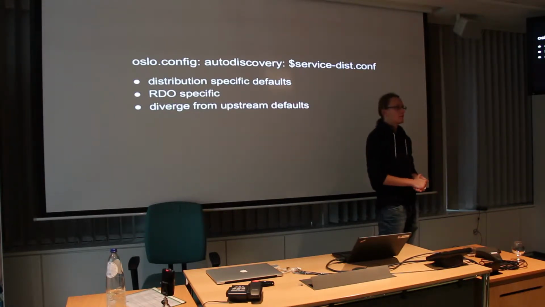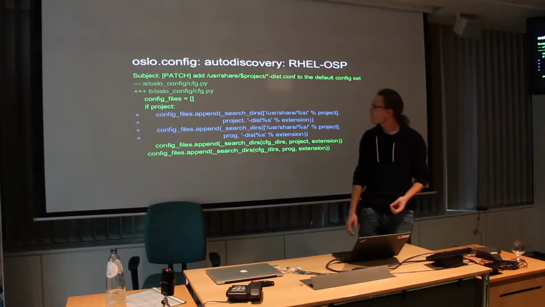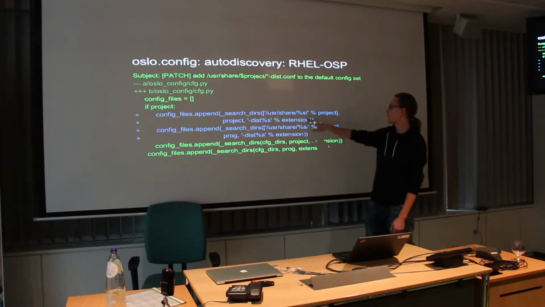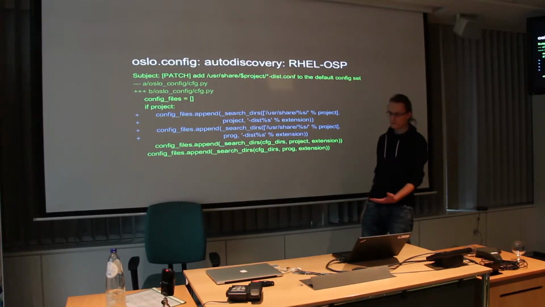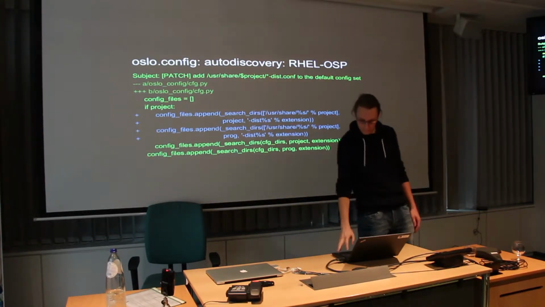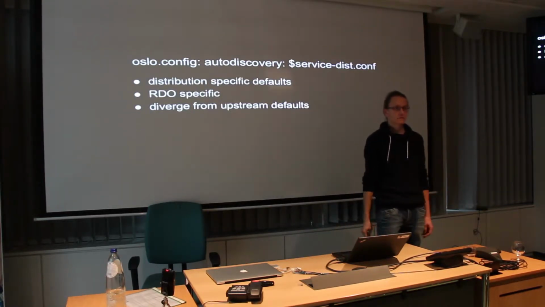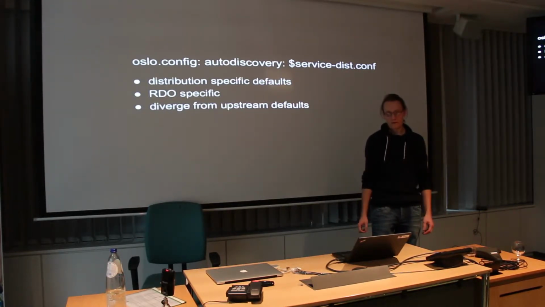So there is also, as you can see on the previous slide, we try to read from user share, then Neutron, and then neutron-dist.conf. But what is this file? So this file is an RDO-specific way to override default values for services, so that they are different in RDO than in upstream.